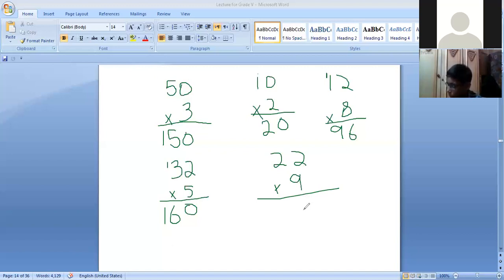The right hand side digit we will write under the numbers, and the left hand side digit we will give as the carry to another number. 9 twos are 18, 18 plus 1 is 19. Okay.